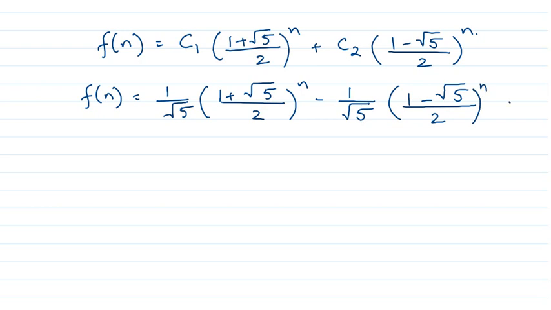So this is the final solution of f of n, that is in fact the explicit formula that is showing you the dependency on n along with the constants, that is C1 and C2.